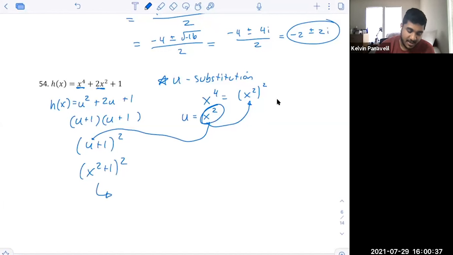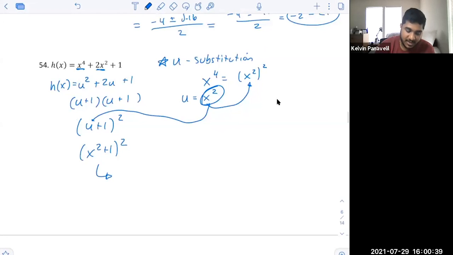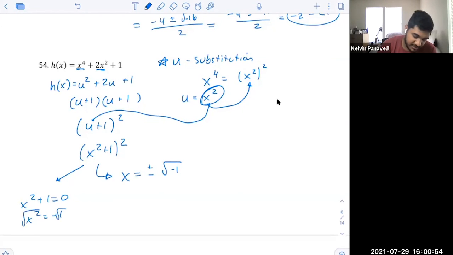It's going to be what? x equals plus or minus the square root of -1, right? Because if you actually solve it, x squared plus 1 equals 0, x squared equals -1. We know that x is going to be plus or minus the square root of -1. Well, guys, what's the square root of -1?